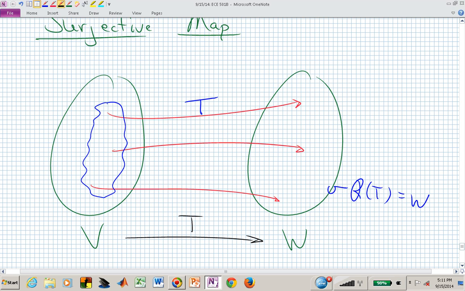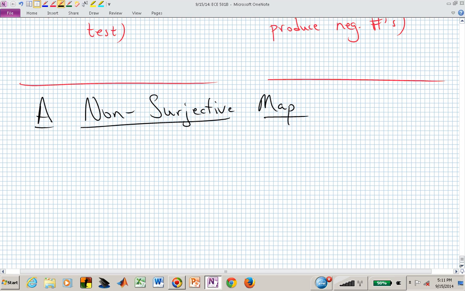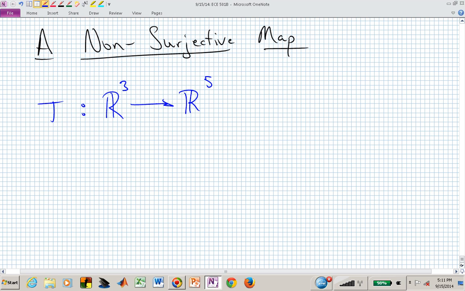Let's look at a non-surjective map that, let's say, is a linear map now. T is going from R3 to R5, and we've already seen this one before.